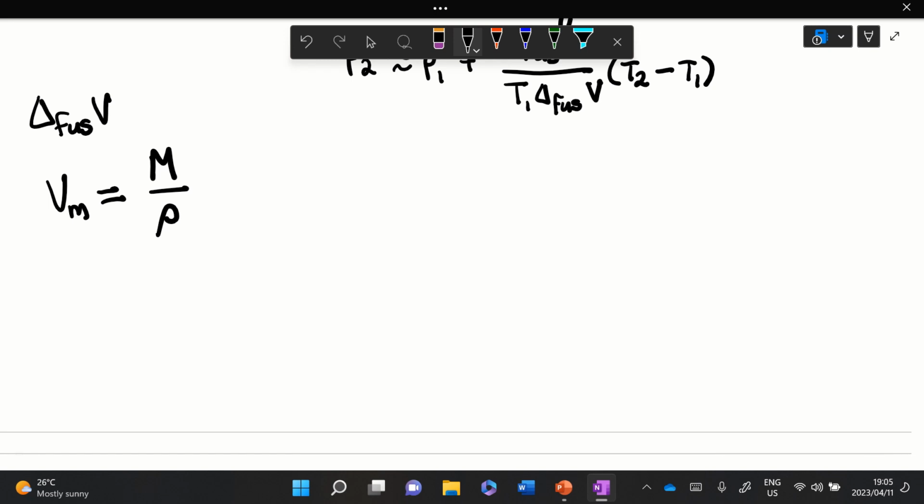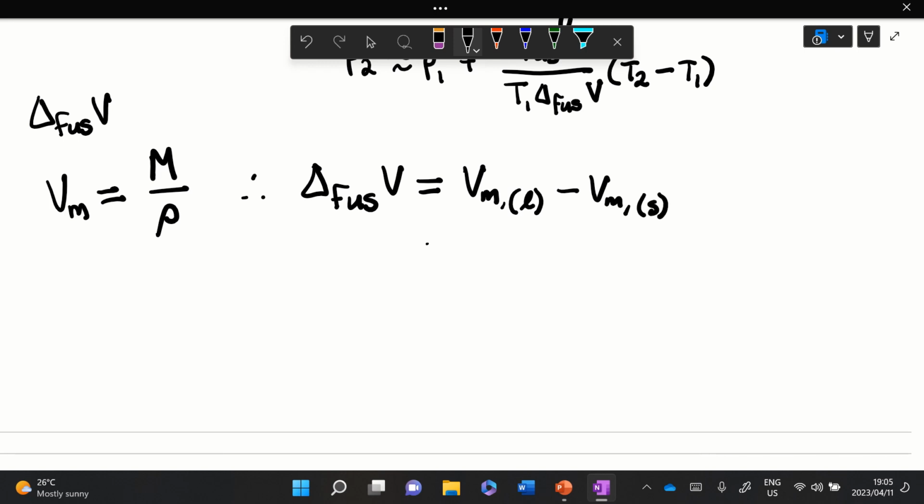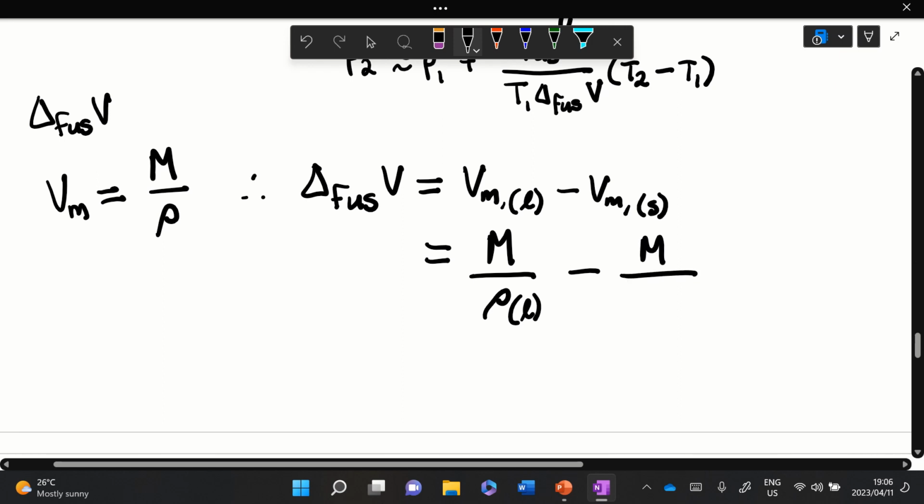So if we want to calculate the change in the molar volume of fusion, then it will simply be the molar volume of our liquid minus the molar volume of our solid, which is each equal to the molar mass of water, that will be constant, over the mass density of the liquid minus the molar mass over the mass density of the solid.